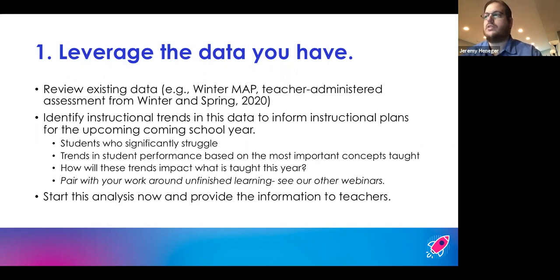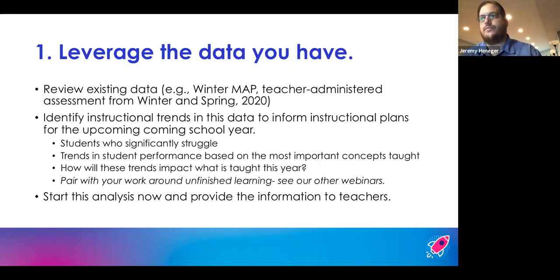Starting with your last assessments from last year, maybe you gave mid-year MAP Growth tests, or maybe you have district classroom assessments that give you a pretty good idea of where students were at some point in the spring before the instruction was interrupted. Either way, you have data that gives you some idea where students were at a specific point in time.